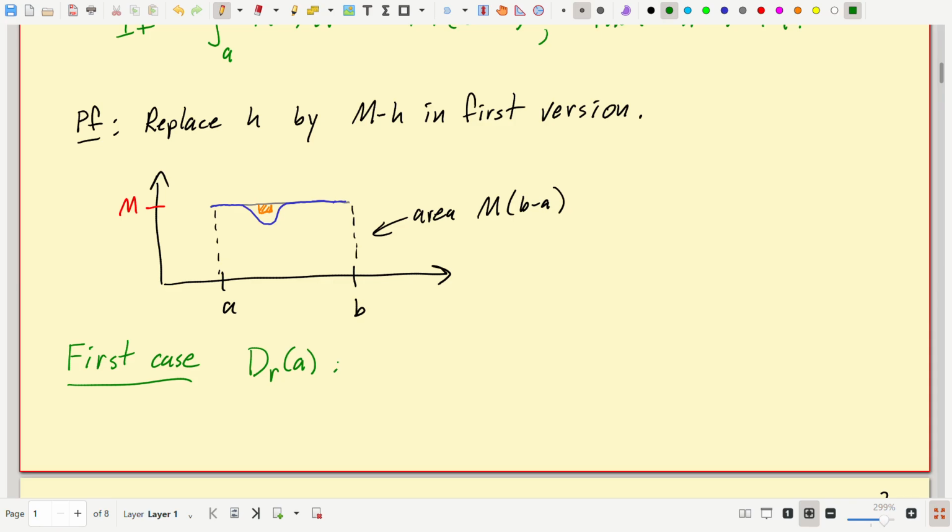So I've got this disk, and let's suppose f is analytic on a bigger disk, with capital R bigger than little r.